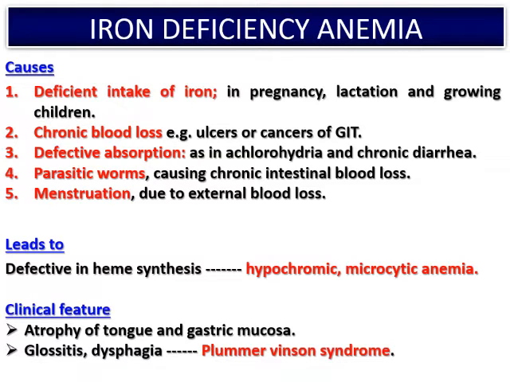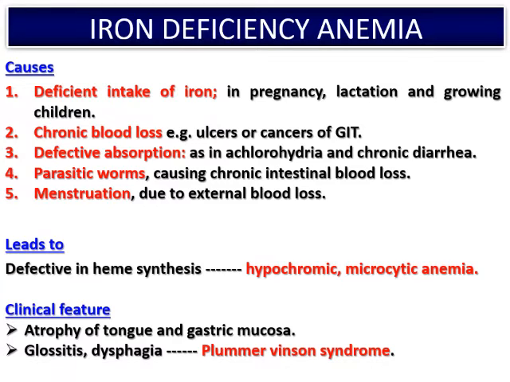Also, it can occur due to loss of blood like in hemorrhage from ulcer or cancer of the GIT, or decreased absorption of iron as in achlorohydria, which means a decrease in the level of HCl, and as we all know, HCl is important for absorption of iron from the GIT. Also, it can occur due to heavy menstruation or parasitic infestation.